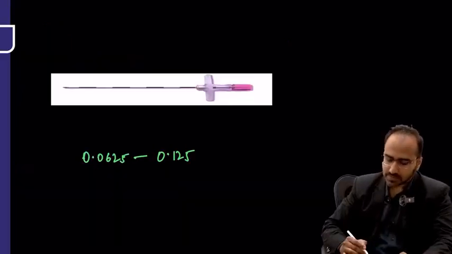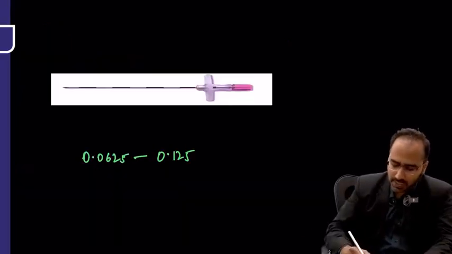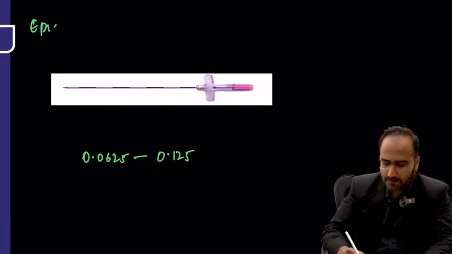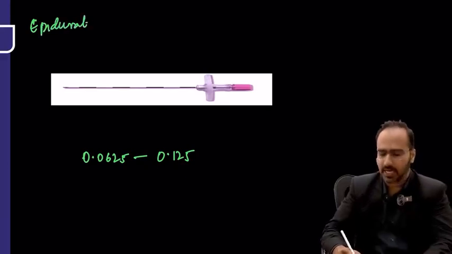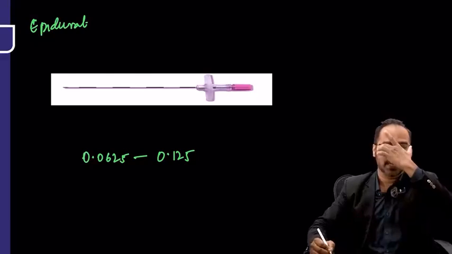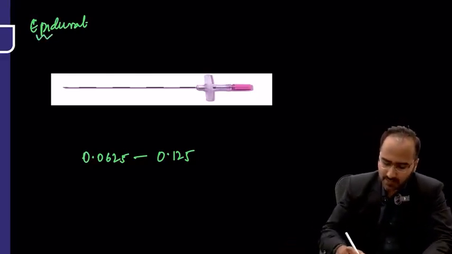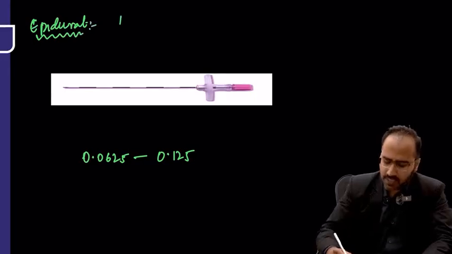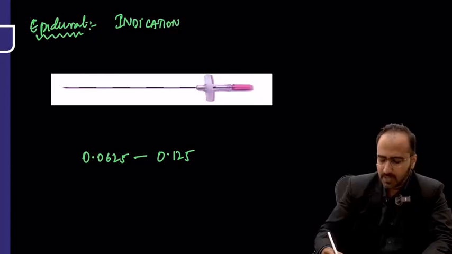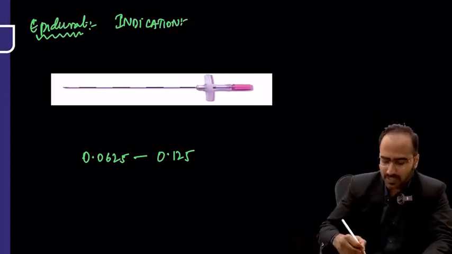Right now, next coming to what? Next coming to epidural anesthesia. Epidural anesthesia. Now, guys, epidural anesthesia, once again, we need to remember the indication of epidural. What is the indication of epidural?